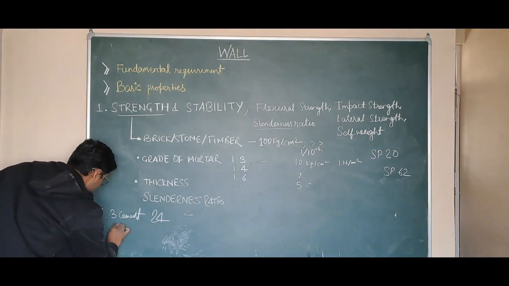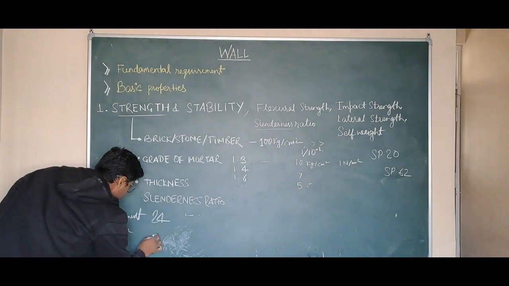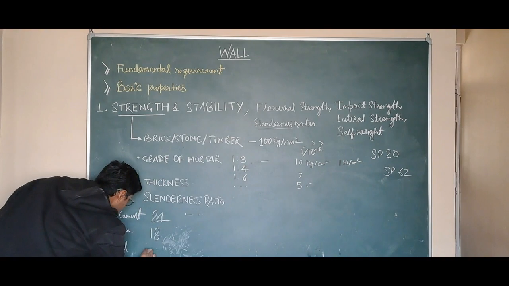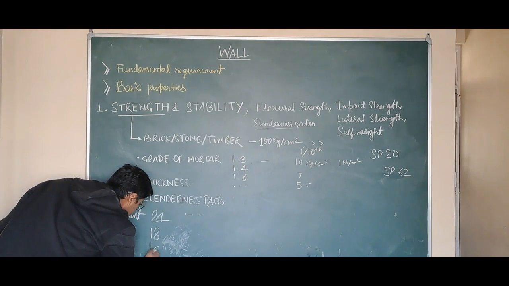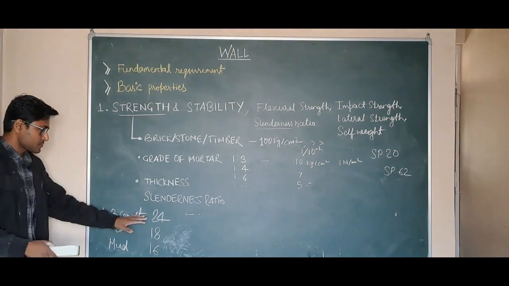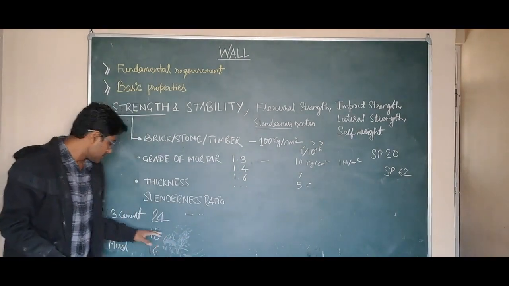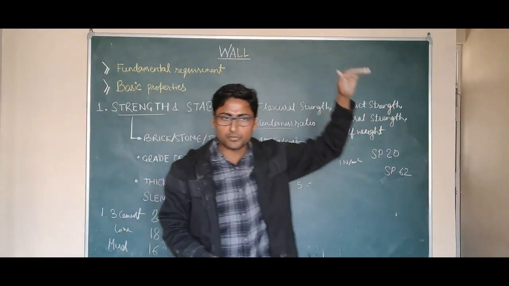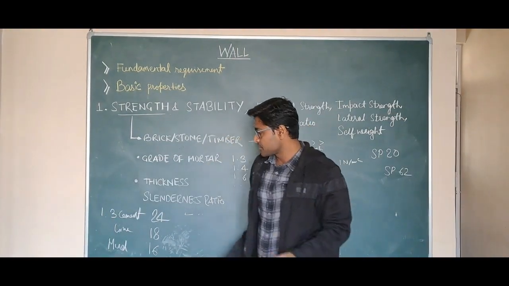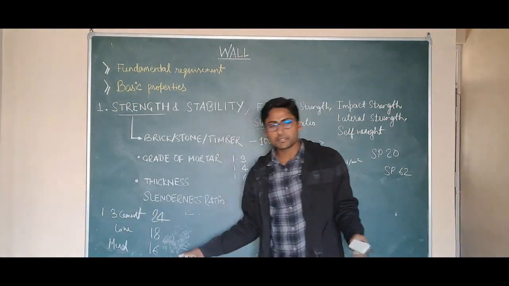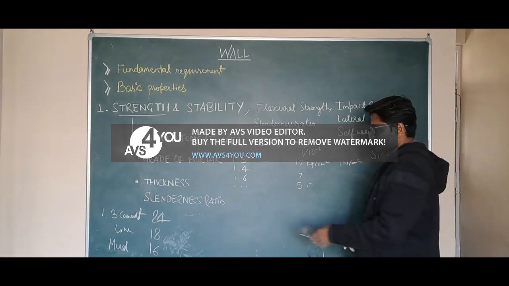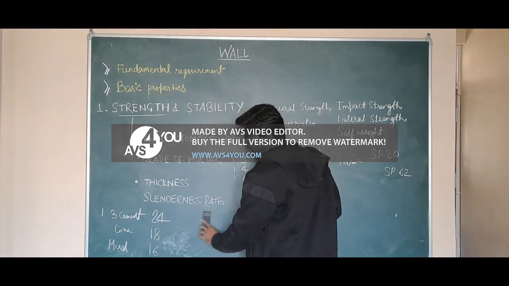If you are using lime, it could be lesser, maybe 18. If you are using mud mortar, it could be 16 or even lesser. I'm just talking in general terms. So for cement, we can go to a higher height or higher length of the wall. In the case of weak mortar, obviously the slenderness ratio will be less, right? So that is the significance of this slenderness ratio.